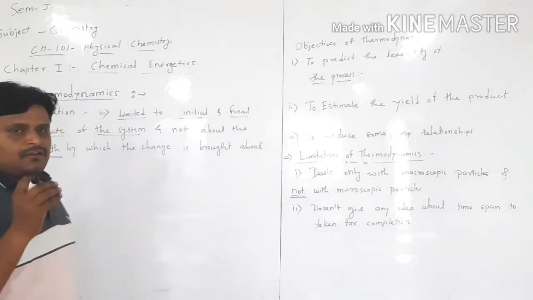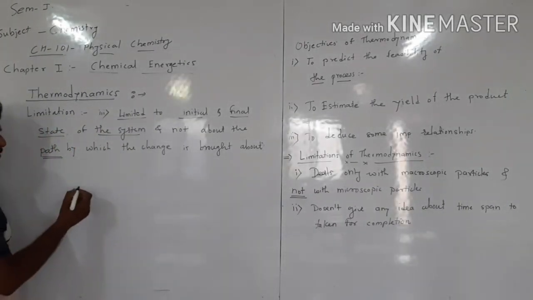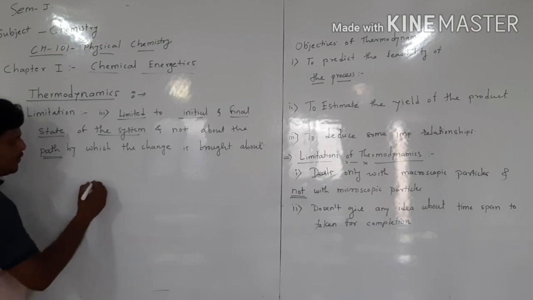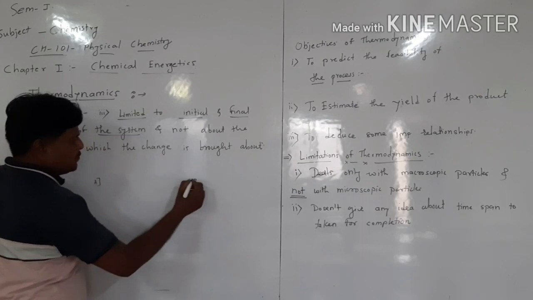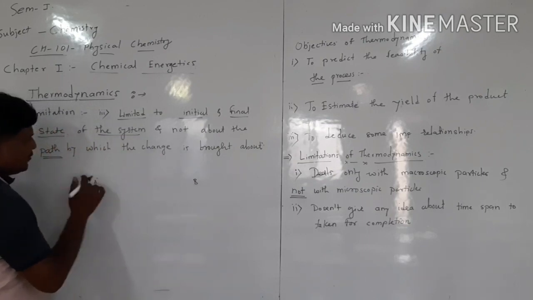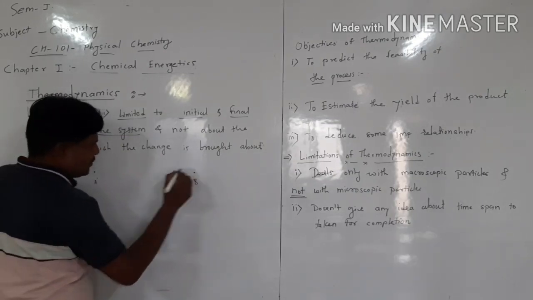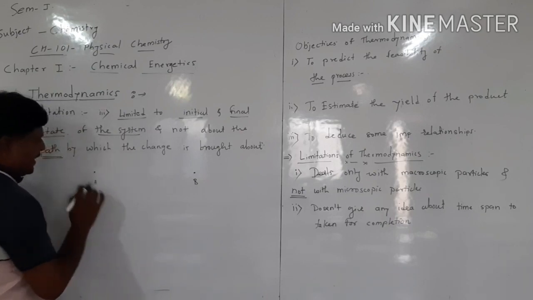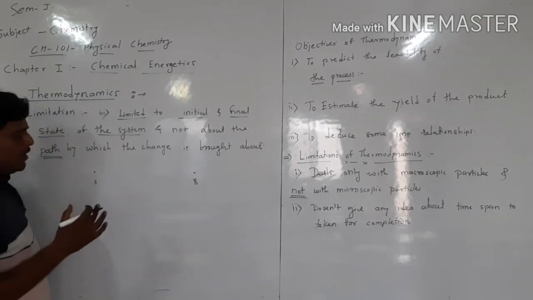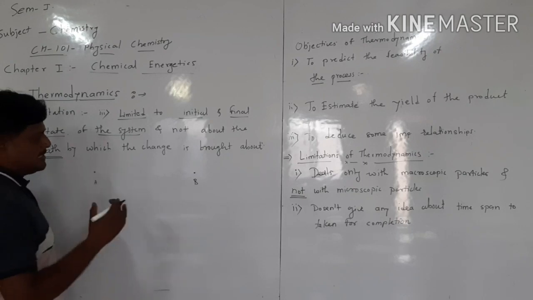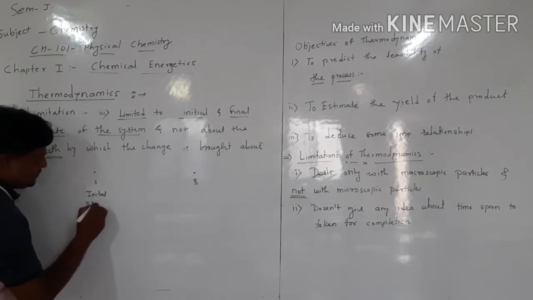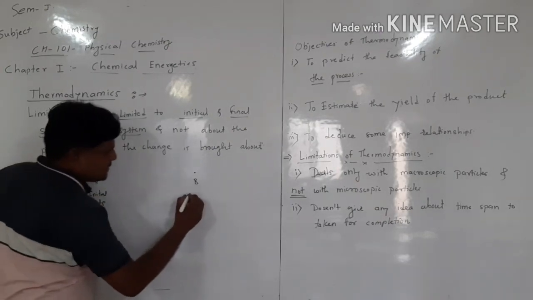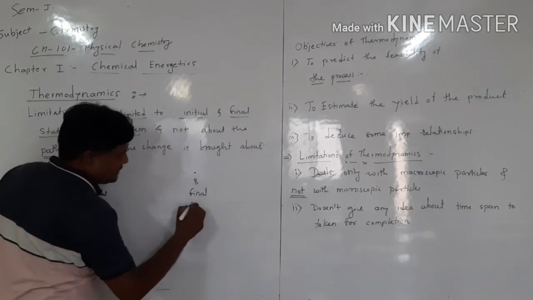Okay, suppose we take a simple example. Suppose we want to go from position A to position B. Suppose this is point A and this one is point B. At that time we only consider the initial state and the final state.